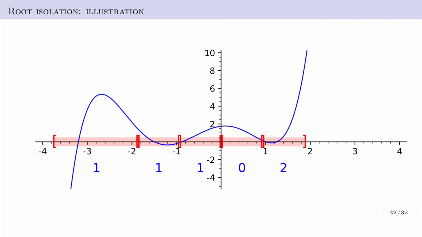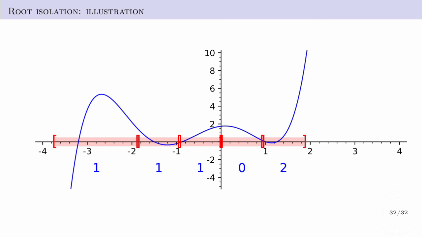They are exactly the intervals we wanted. The first interval to the right of the x-axis contains no roots, so it can be discarded. And the rightmost interval still contains 2 roots, so it must be split again.